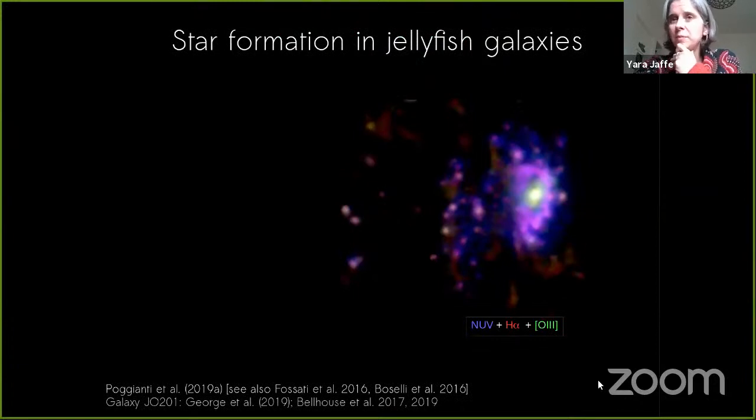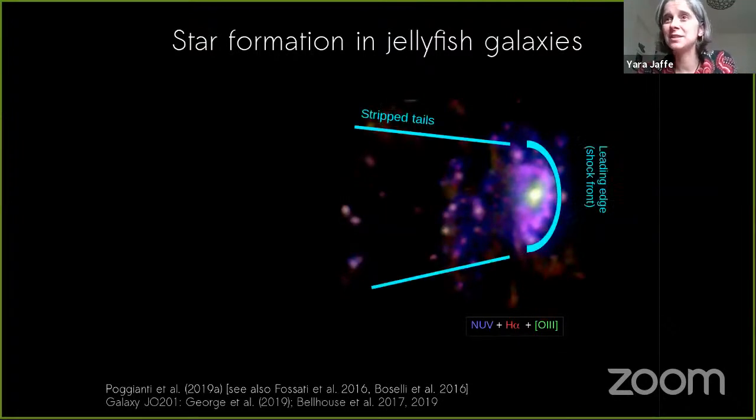In terms of star formation, what we've learned, I'm going to just very briefly summarize here. There are over 30 papers in GASP now, with a lot of details if you want to go into them, but mainly we see these different features. Many galaxies have what we call the leading edge or shock front, which has a kind of half ring of star-forming knots.